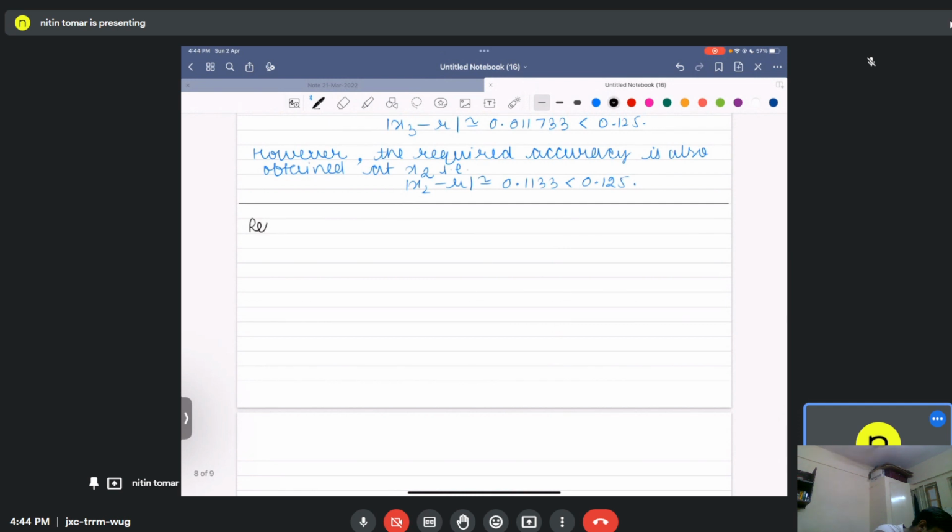Remark: the first remark is, and this is an important remark actually, let f and the interval a naught, b naught satisfy the hypothesis of the bisection method.